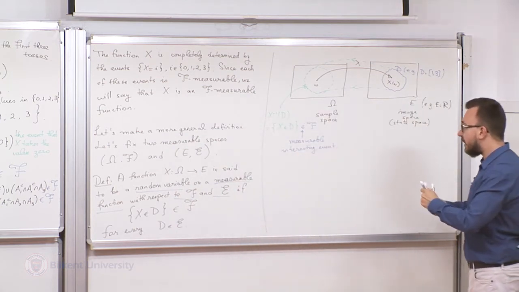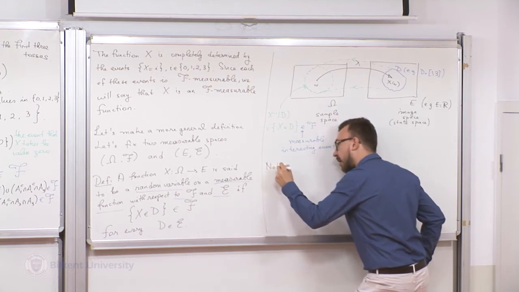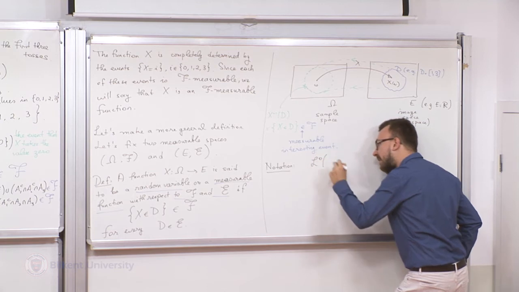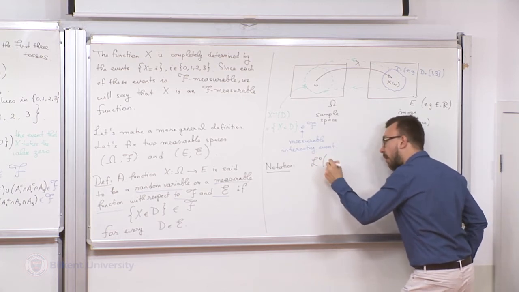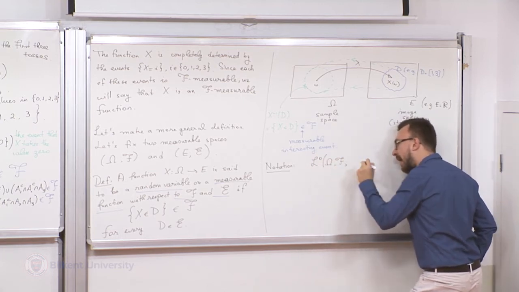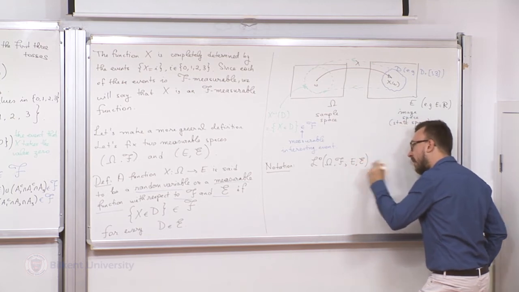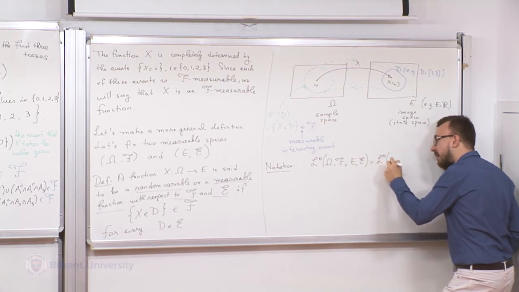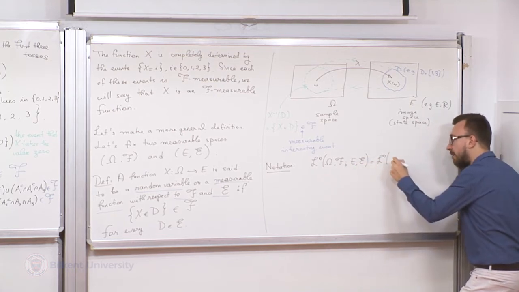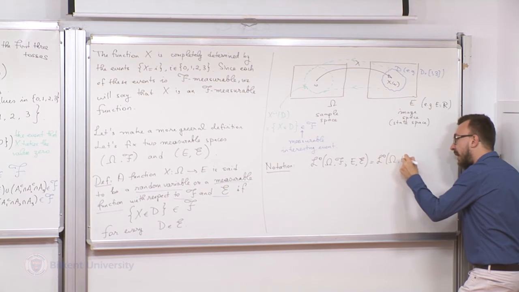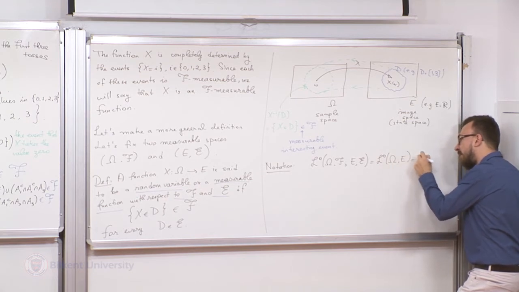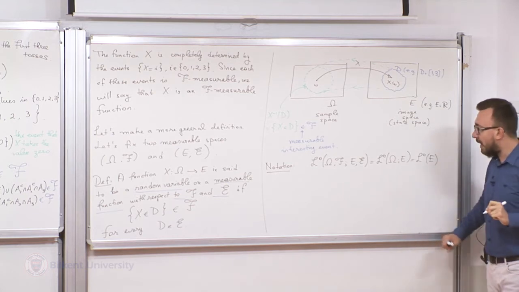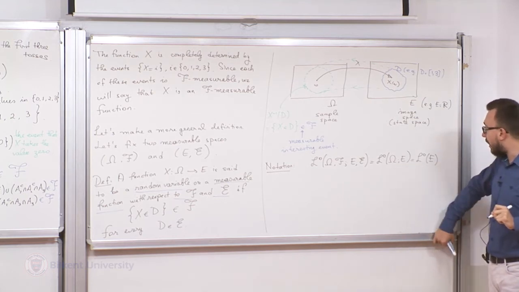So for this reason, we denote by L0, okay, of omega, F and E, script E, okay? And sometimes, if you know what the sigma algebras are, just omega and E. And sometimes just E, if there is no confusion about your omega, okay?